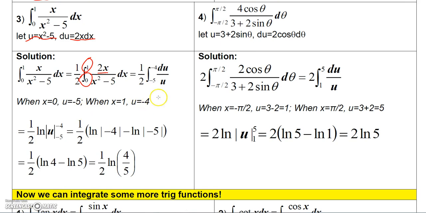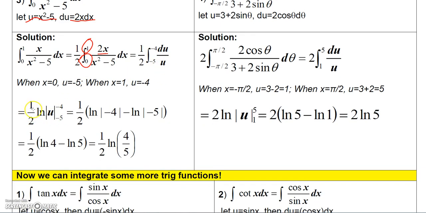And so when I evaluate this, I get 1/2 times the natural log of the absolute value from -5 to -4. Now you might remember that you don't need to convert this back to a function of x if you change the limits accordingly like I did here. So now evaluating this, I'll keep the 1/2 on the outside, and I'll evaluate this at -4.